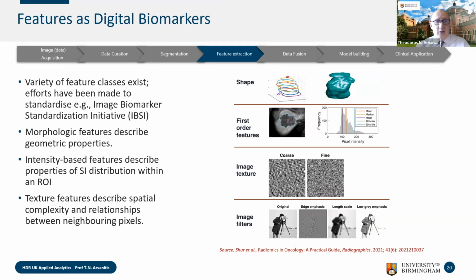But in addition to that, we can take information about the morphology, which describe geometric properties, the intensity-based features, which describe at different levels, as you will see in my next slide, the homogeneity or heterogeneity of the tumor, and these features that describe both the spatial complexity and the relationship between the neighboring pixels can be used together with quantitative features as an input to that data fusion we're doing in terms of building technology that allows us to classify tumors for diagnosis, prognosis, and disease management.